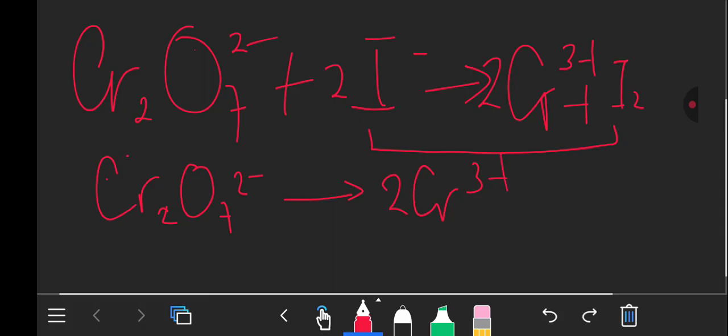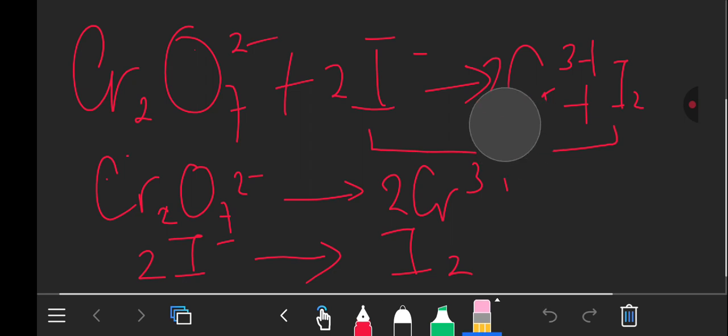The next thing we need to do is to write the half equation for the oxidation reaction. So we have iodide, I-, undergoing what is known as oxidation to produce iodine.